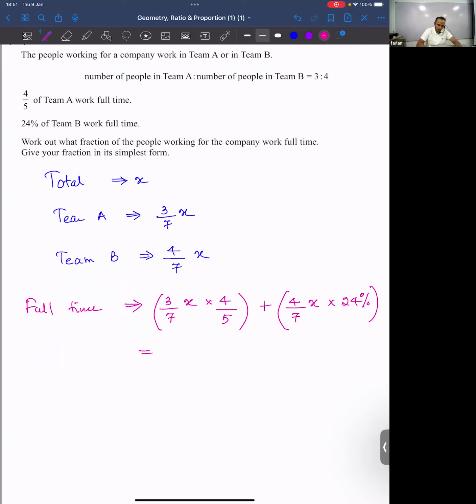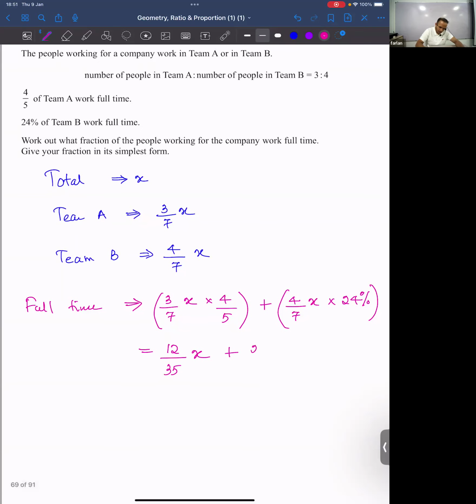3/7 into 4/5. 3 into 4 is 12. 7 into 5 is 35. 12/35 X. Plus 4/7 into 24%. 4/7 into 24% will be 24/175 X. Check and see, 4/7 into 24% is 24 over 175.